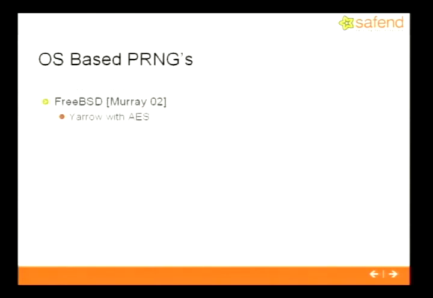Some of it is also used for operating systems besides Linux. One of them is BSD, which uses Yarrow together with embedded AES. And of course, I mentioned Linux. There are also some implementations for Unix.